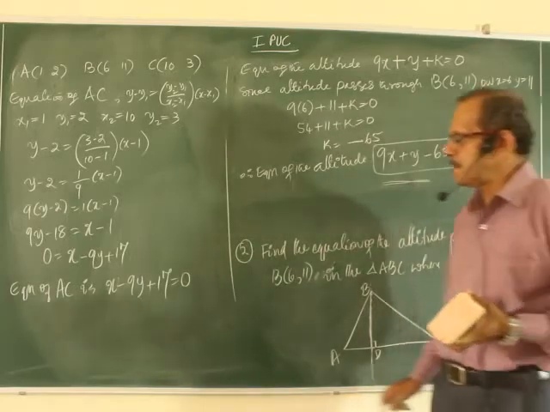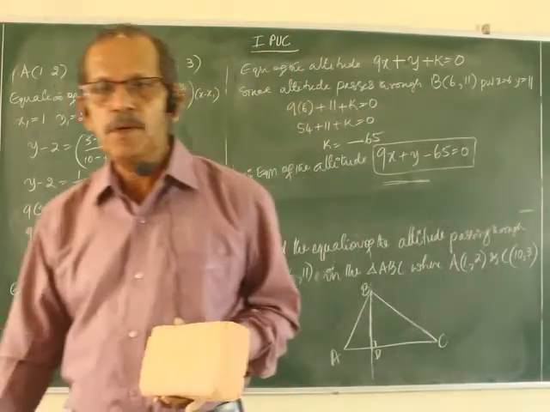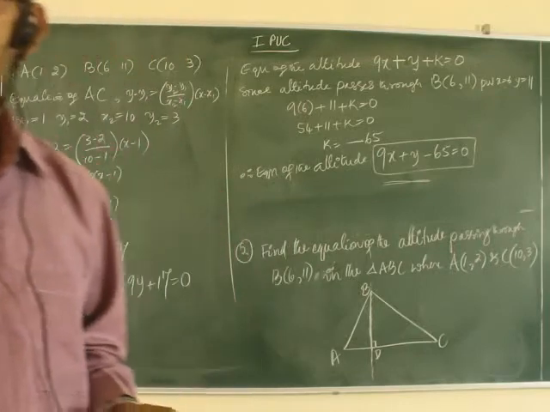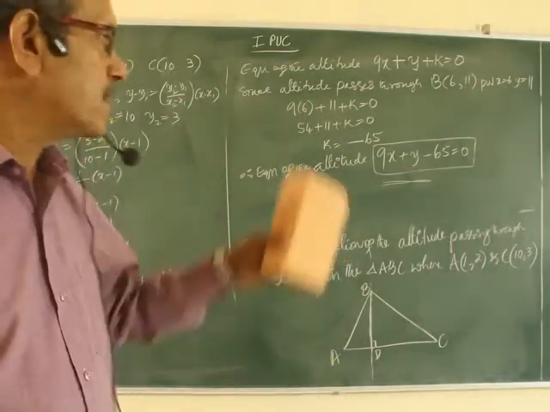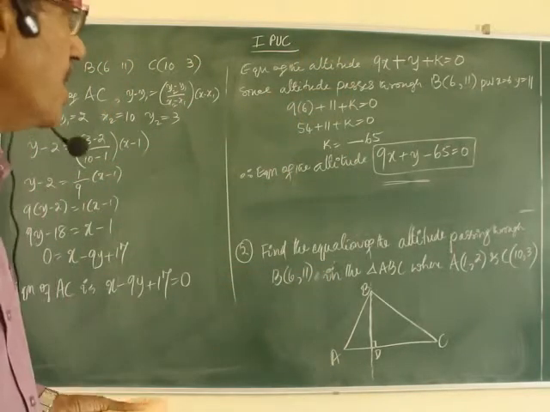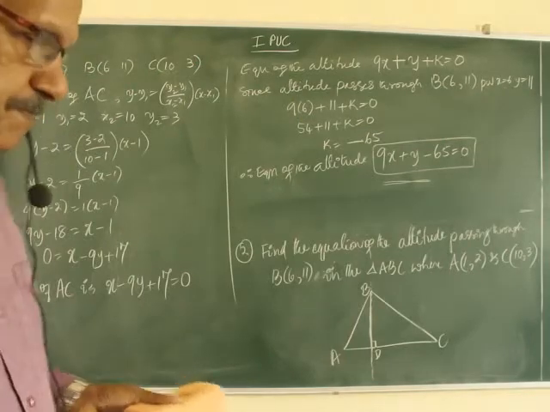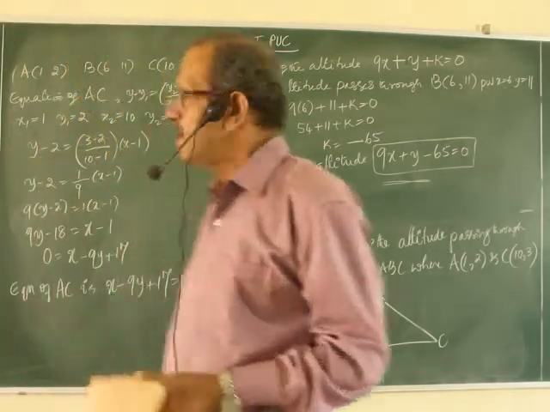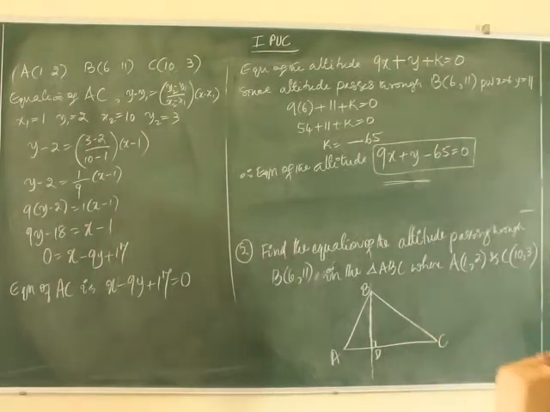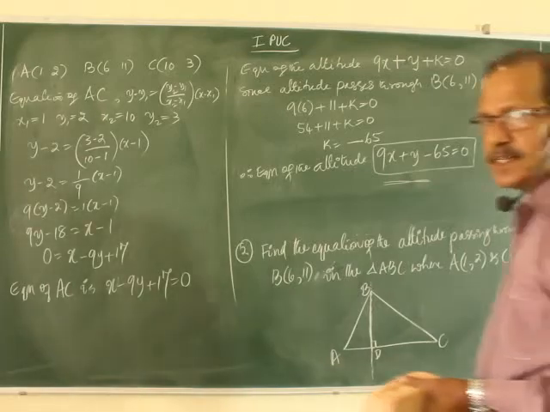Altitude is always perpendicular to the base. So obtain the equation of AC, interchange the coefficients, calculate k since it passes through B.